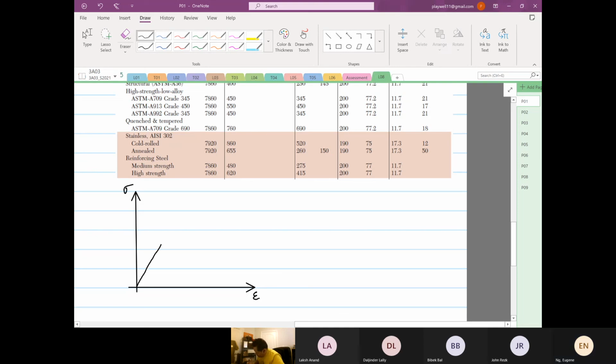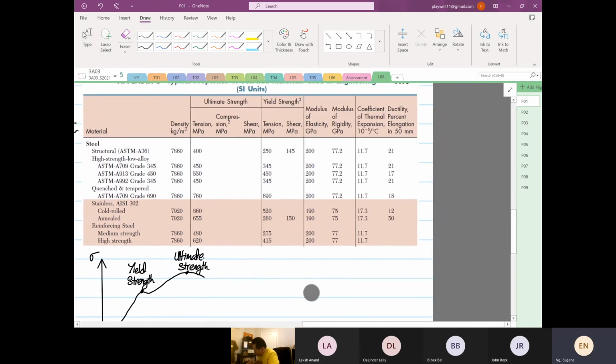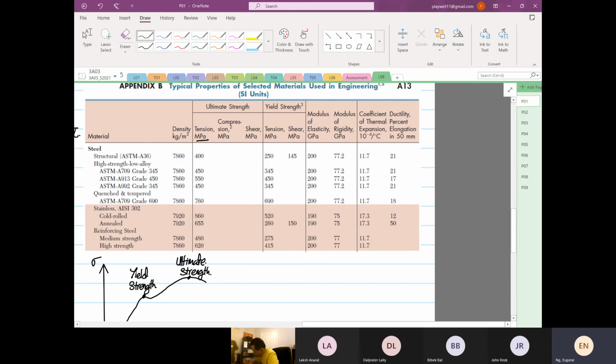We have this effect. Over here we know that this is known as our yield strength, and this over here is our ultimate strength. If you look at what you see over here, the stresses are in tension, compression, and shear. So what does this mean?